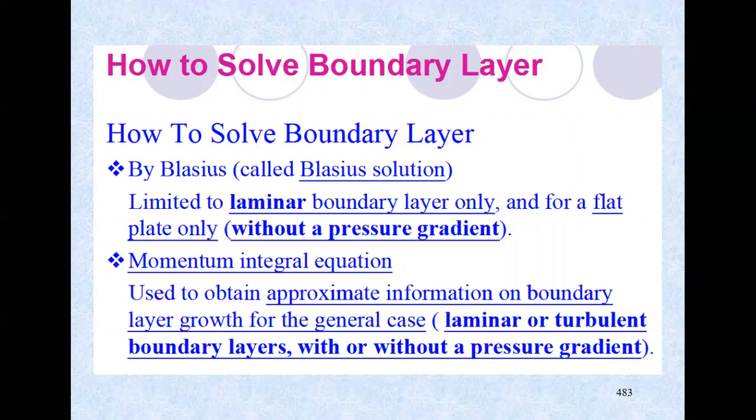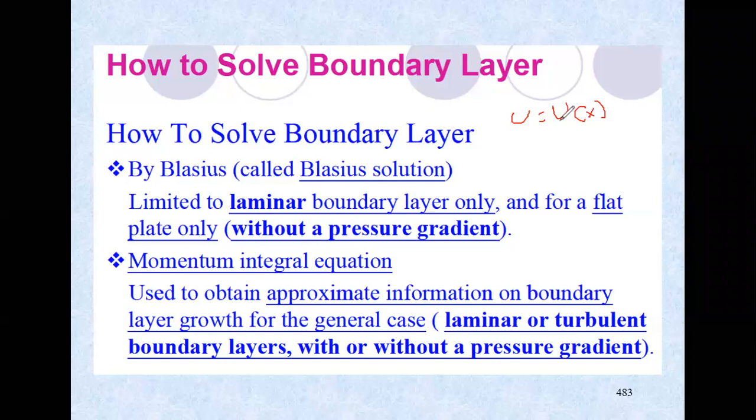So several approaches have been used to solve the boundary layer. What does solving the boundary layer mean? You obtain the velocity distribution. Solving means you want to get your velocity as a function of position from the leading edge.